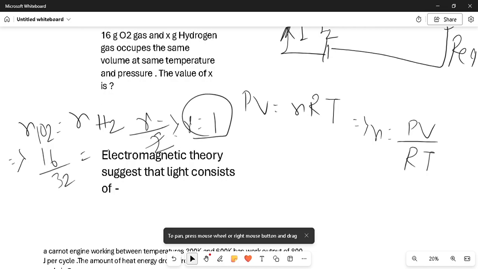The value of x is 1 gram. As the two gases occupy the same volume, at the same pressure and temperature, the mole number of the two gases will be the same, and just from this equation we can solve this.